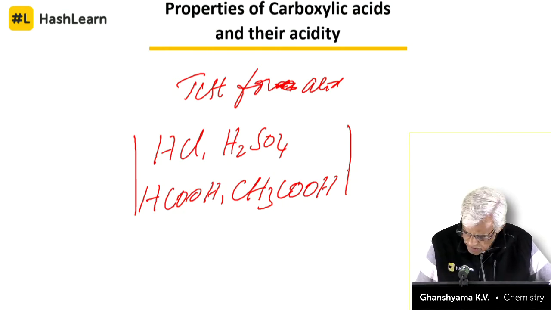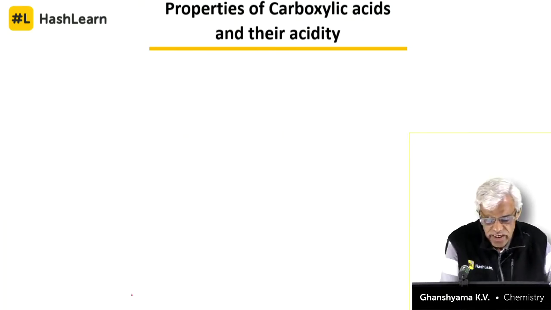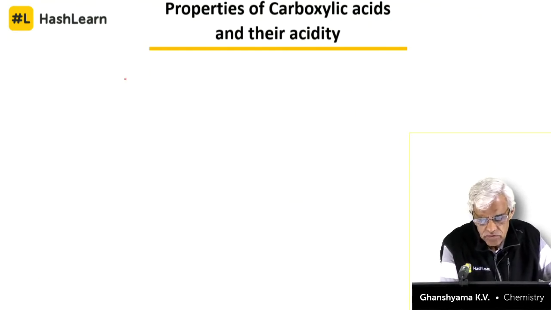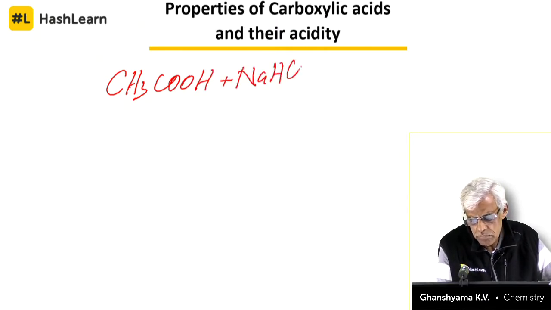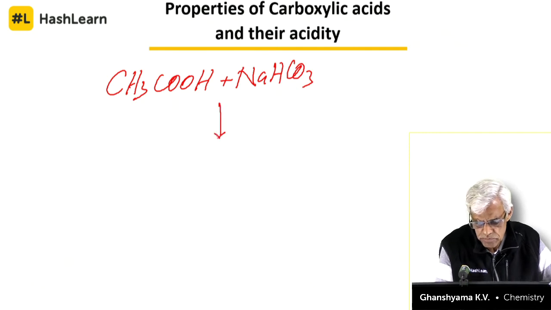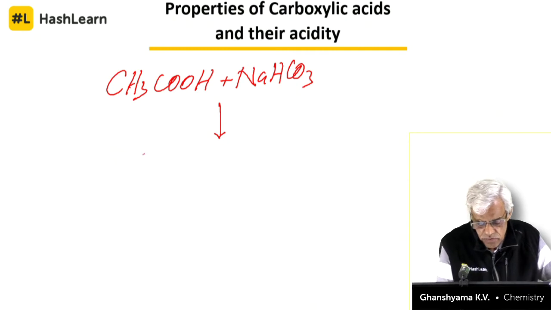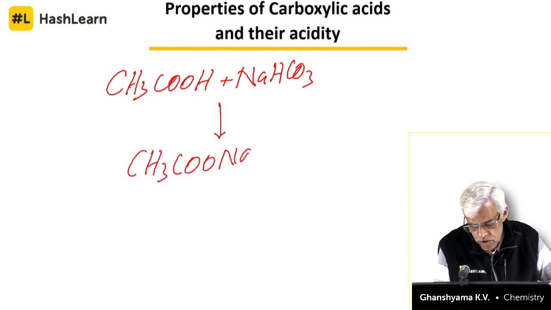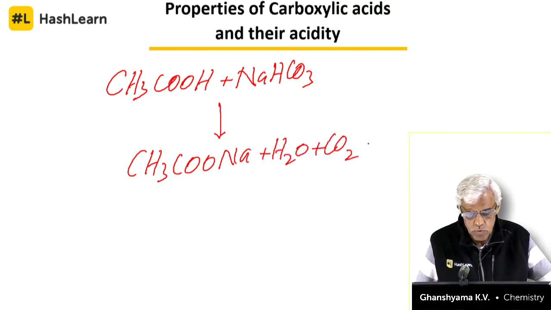So, you take any acid. I will take an organic acid, CH3COOH. You treat it with sodium bicarbonate, baking soda. There will be effervescence with the liberation of carbon dioxide: CH3COONa plus H2O plus CO2.